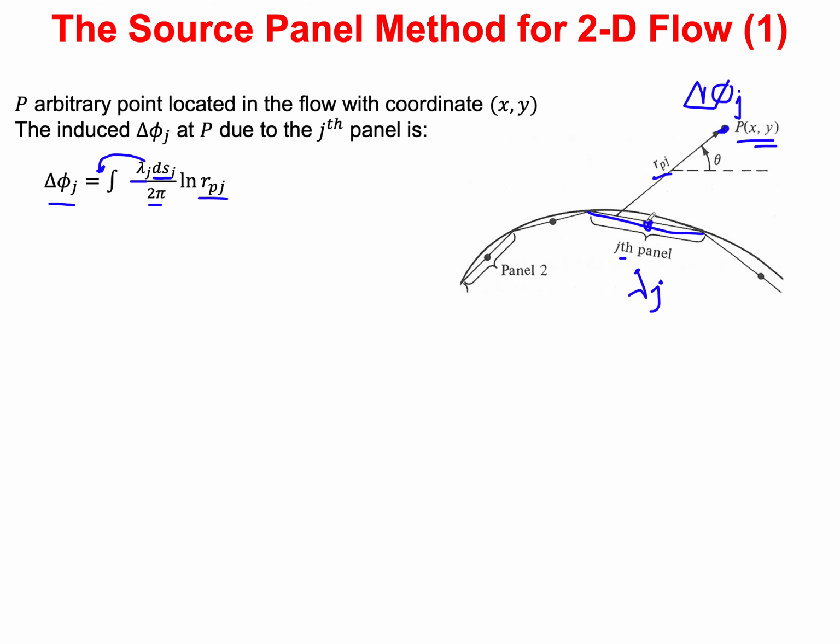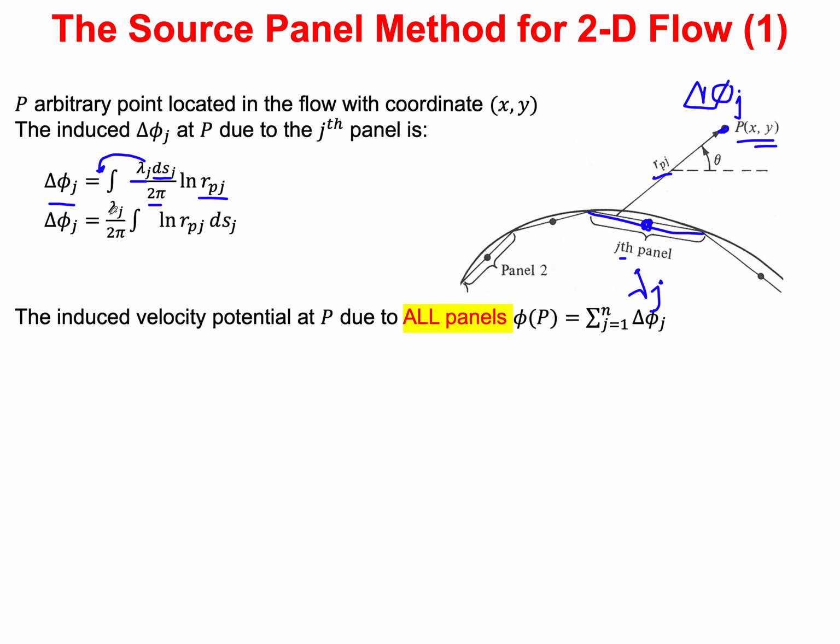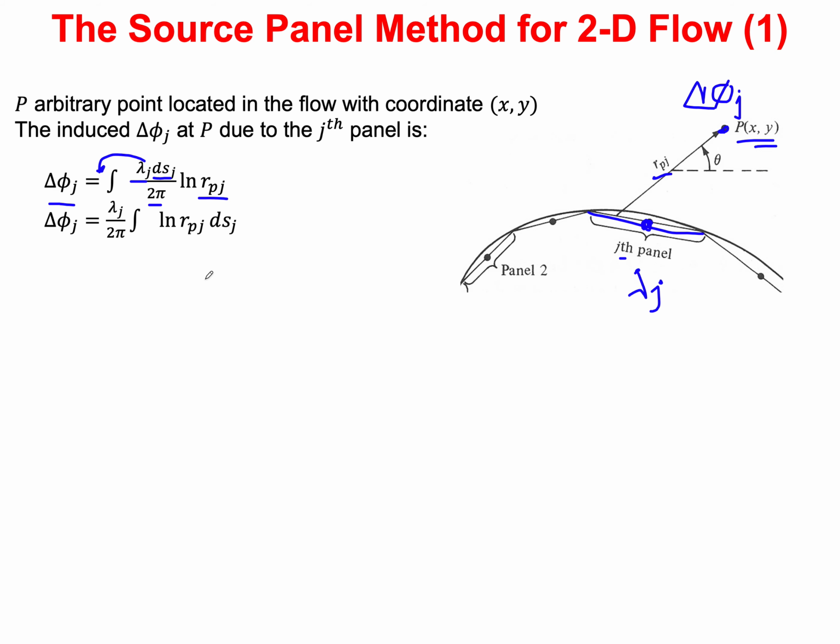I just multiply, and I use the distance r between point P and panel J to be the distance between the control point of panel J and the arbitrary point P. So I've taken the lambda outside the integral, and that delta phi is the contribution of one panel to this point.